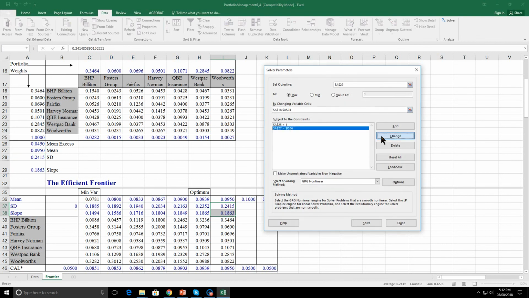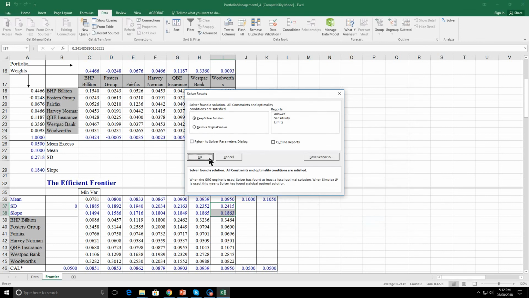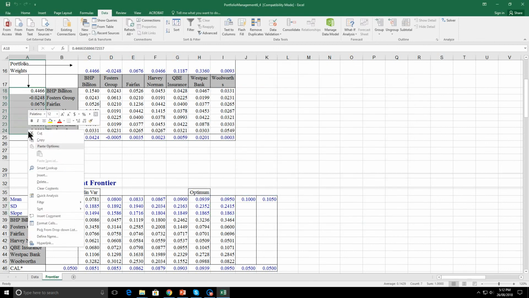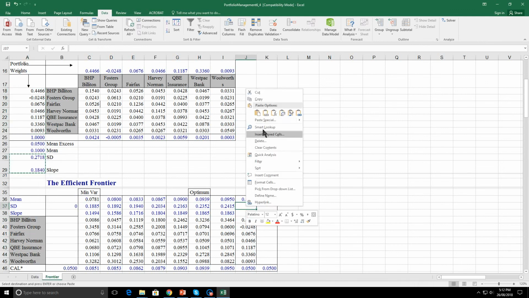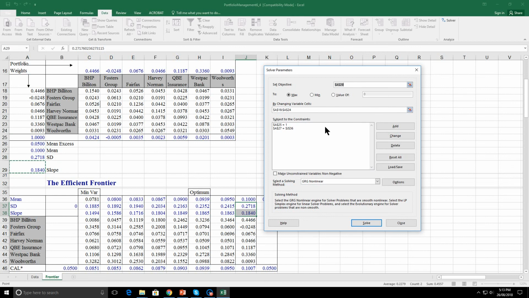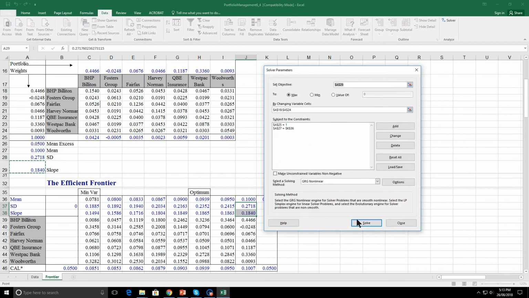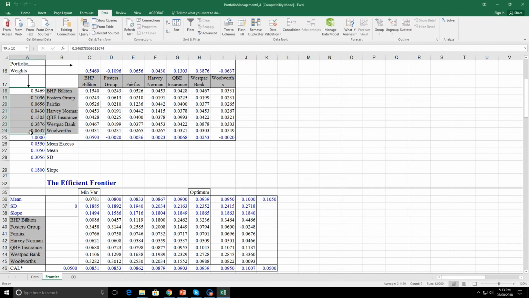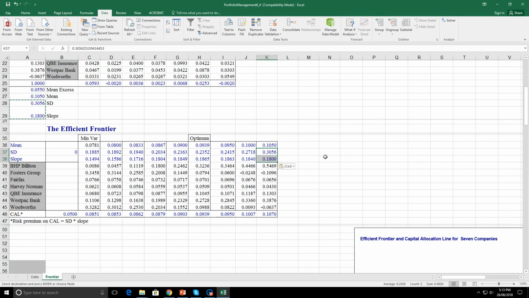Once again, the last point. Okay, so we are done with all the points that we need to develop an efficient frontier.